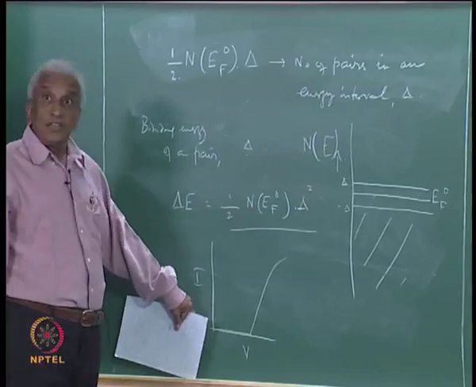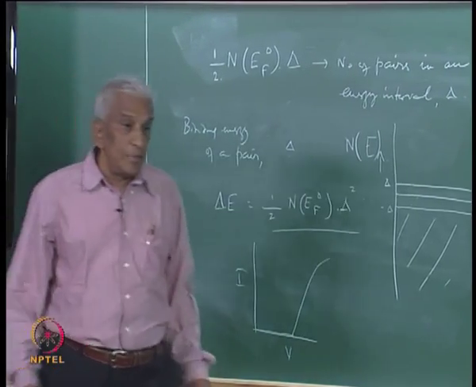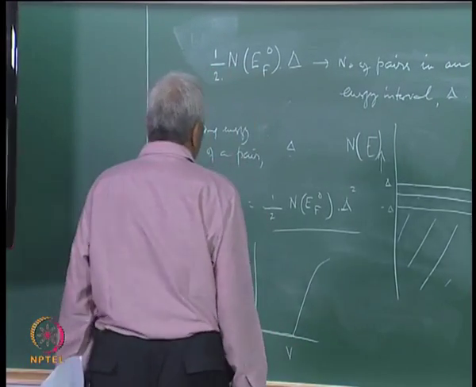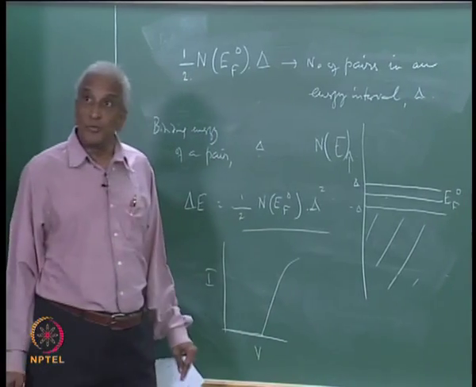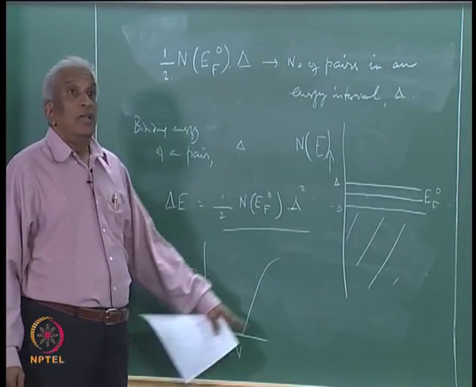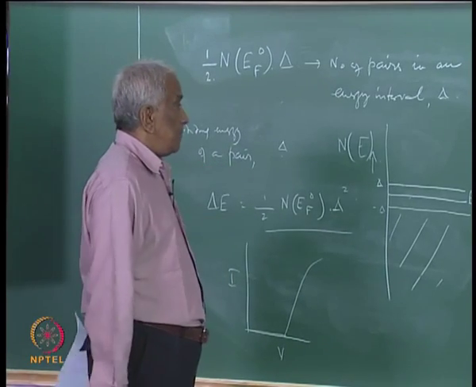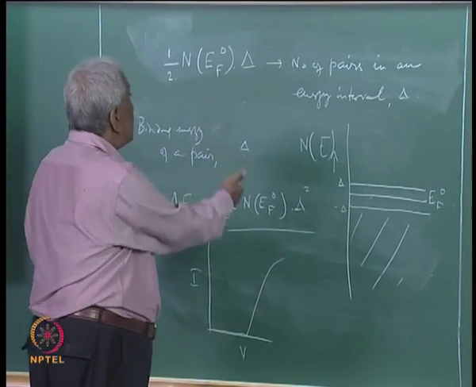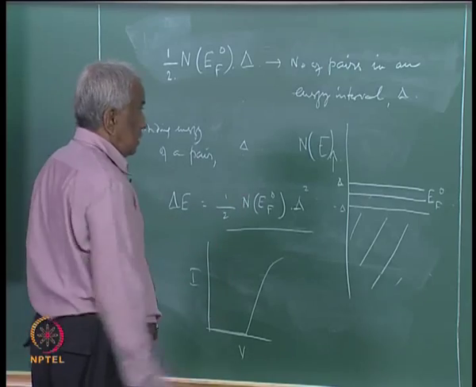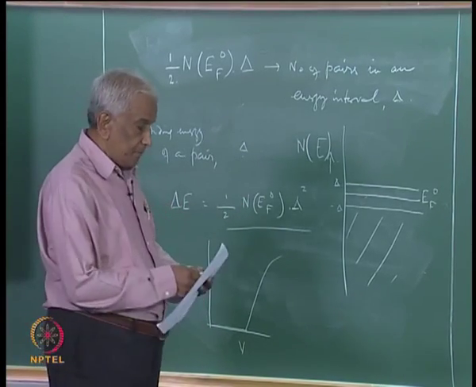And this also explains why the microwave absorption as well as the ultrasonic absorption shows that there is an excitation energy of the order of the energy gap. These are all important results of the BCS theory.